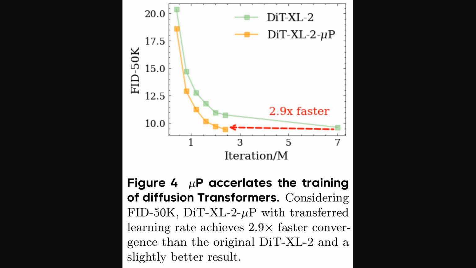The orange line, DiT-XL/2 with µP, that's the model using maximal update parametrization with the transferred learning rate, clearly drops faster. It achieves a 2.9 times faster convergence to reach a good FID50K score compared to the standard DiT-XL/2, shown in green, and even ends up with a slightly better final score. This really highlights the practical speed benefits.